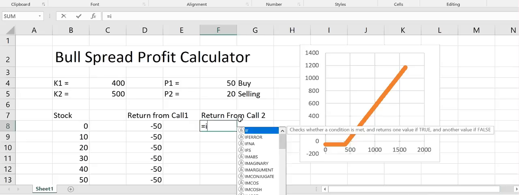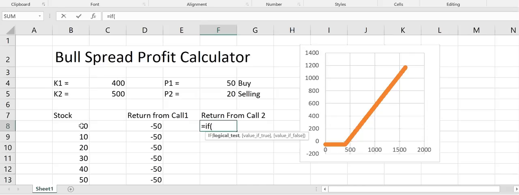We'll say if the stock price is greater than the strike price, we will have a loss, so we just have to write it oppositely: strike price minus stock price, but we are making money by selling the call option, right?